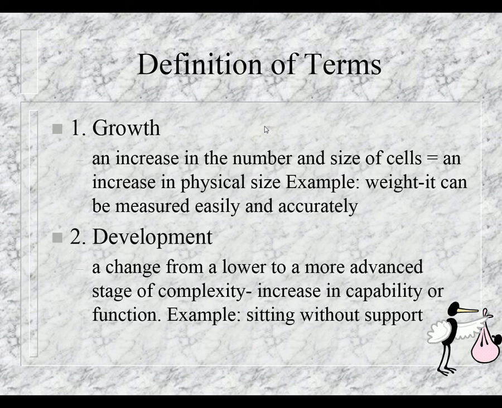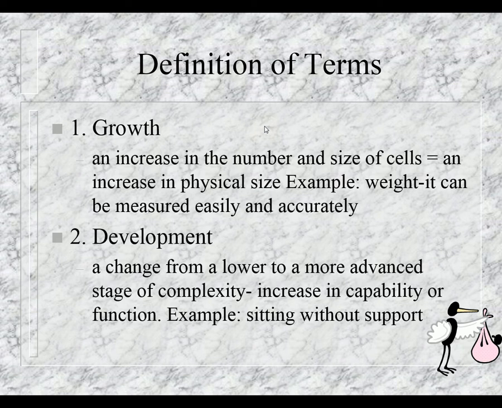Looking at definitions of terms, the difference between growth and development, even though the 2 terms are often used interchangeably, they are very distinct definitions and meaning. So they are related, they can be used simultaneously, they're ongoing, but they are different. So think about growth, an increase in the number and size of cells. So this means usually physical growth.